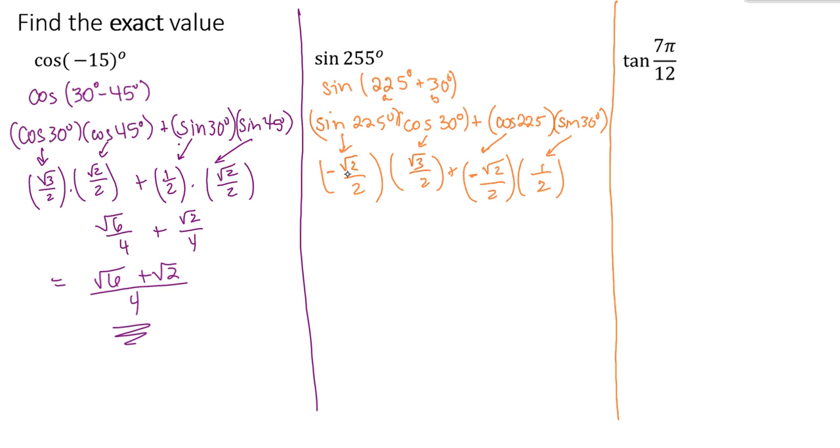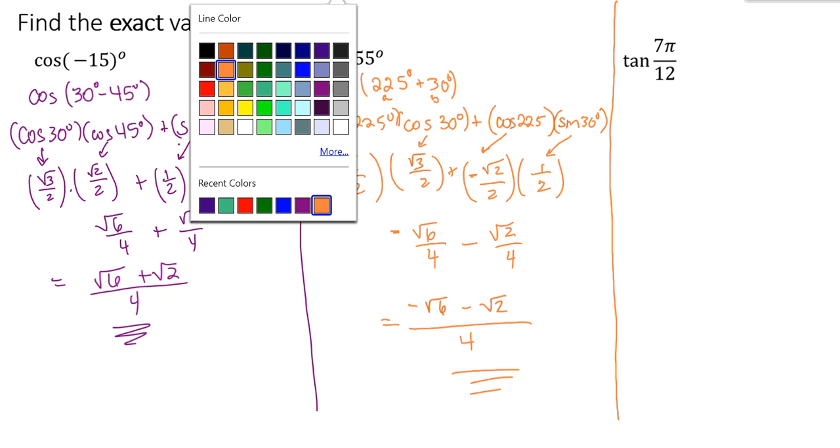Okay, there we go. Right here on the left, we've got our negative square root of 6 over 4 minus square root of 2 over 4. So we get negative square root of 6 minus square root of 2 all over 4.